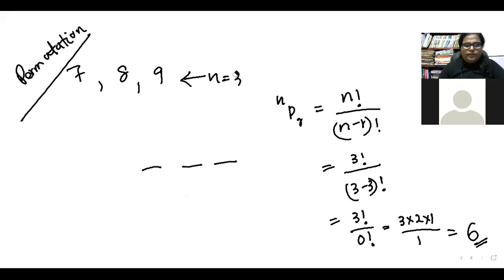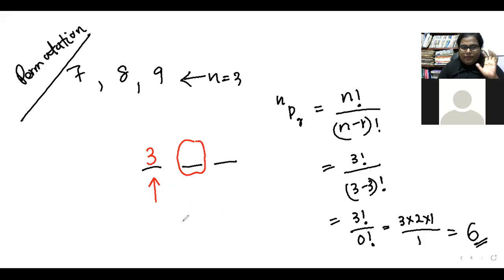You know that for this position, how many numbers can we use? When we make an arrangement, you know that we have 3 numbers for this position, right? Then when we allocate some number for this first position, how many numbers are remaining for our second position?